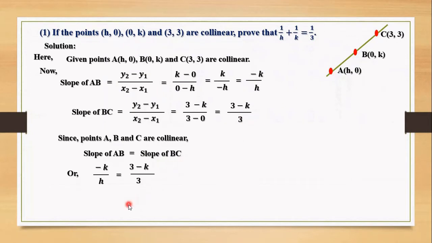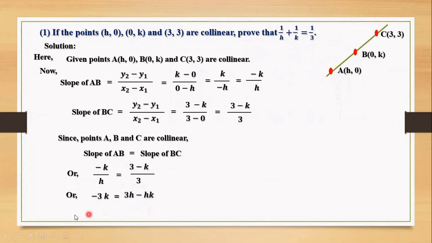Now only the simplification is left. So 3 goes to the left hand side to multiply with minus k, so in the left hand side we have minus 3k. Similarly, h goes to the right hand side to multiply with (3 minus k). So we have 3h minus hk.